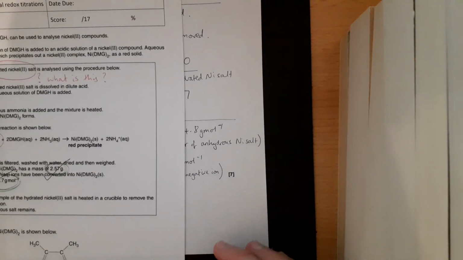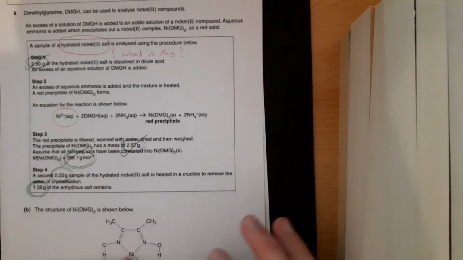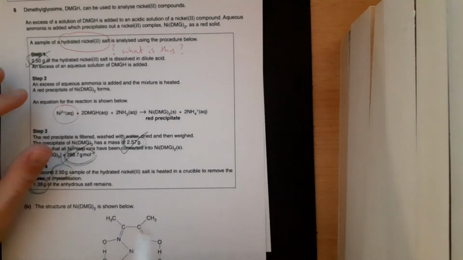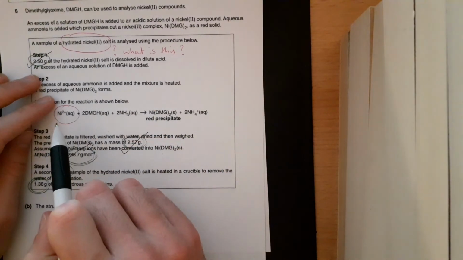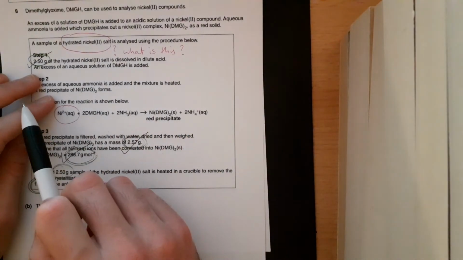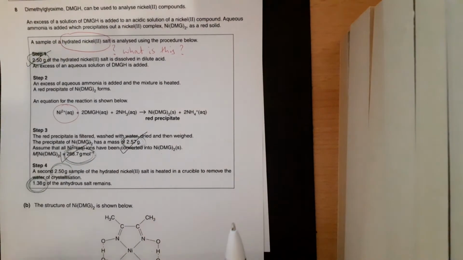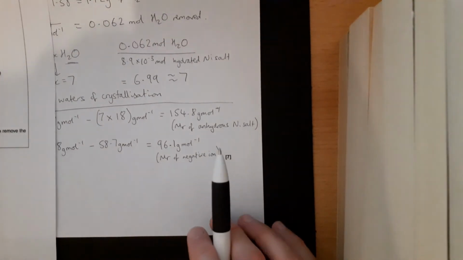There's a bit of a clue, but it's a bit of a horrible question, really. The clue hidden in here is that this hydrated nickel salt is dissolved. No, that doesn't make sense either, because it would have been the salt before you added it to the acid. No, I think they're just expecting you to recognise this, which is pretty unlikely.